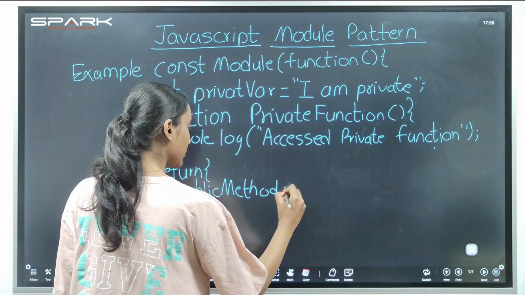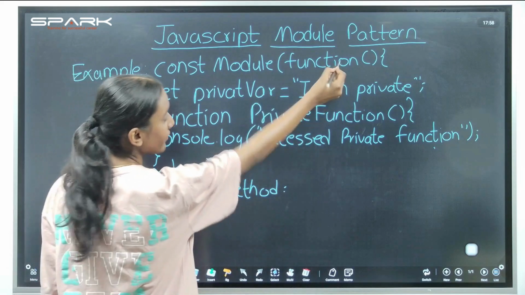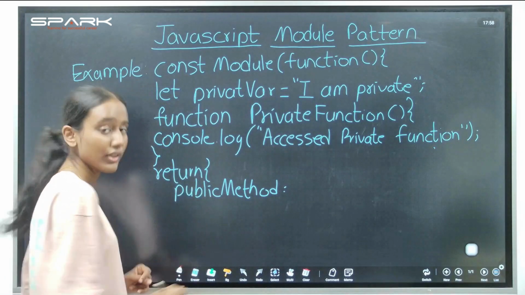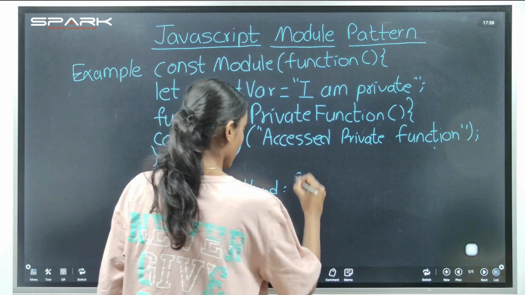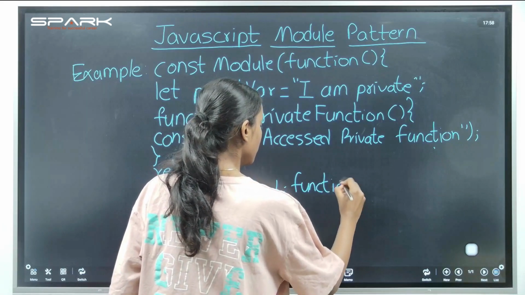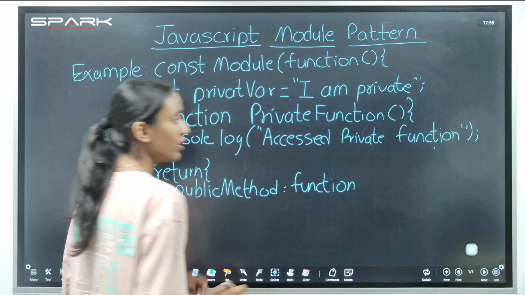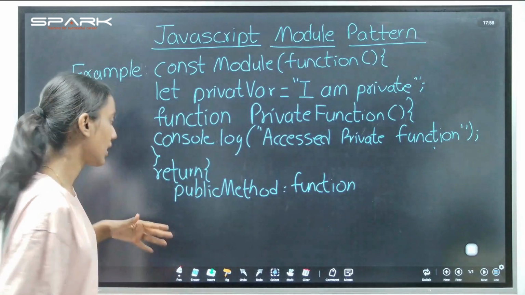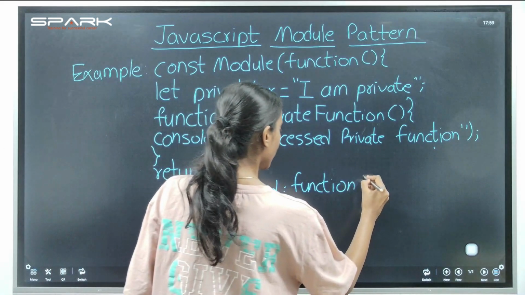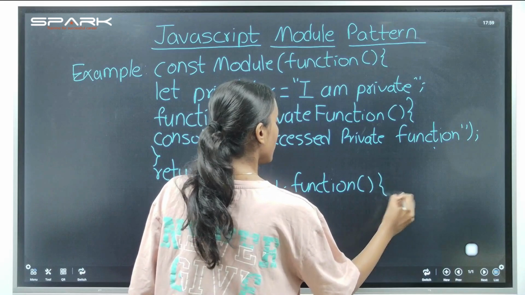In this public method, we are going to call this function, which means it is now accessible through the return. First it was not accessible; now using this return method we are going to access it.